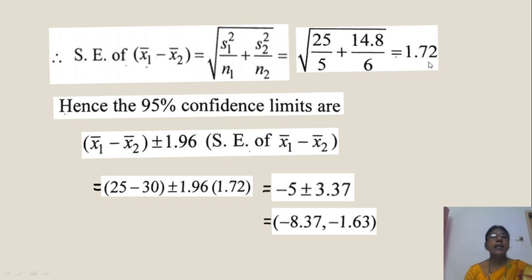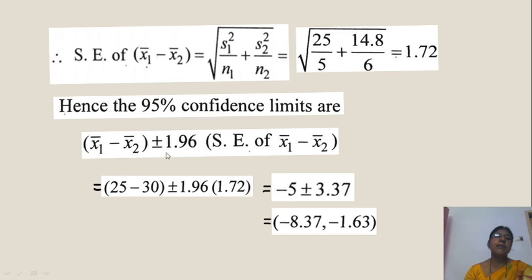Okay. Let the confidence limits be 95%. The confidence limits are x1 bar minus x2 bar plus or minus z alpha. Z alpha means alpha is 5%, that is 0.05. For 0.05, the z value is 1.96.